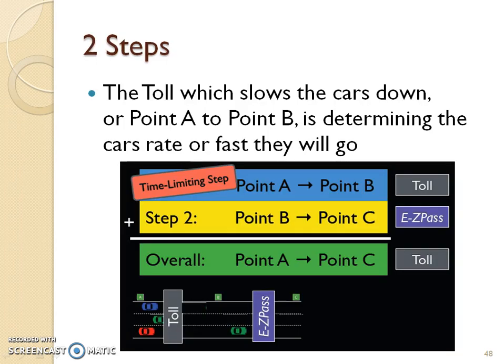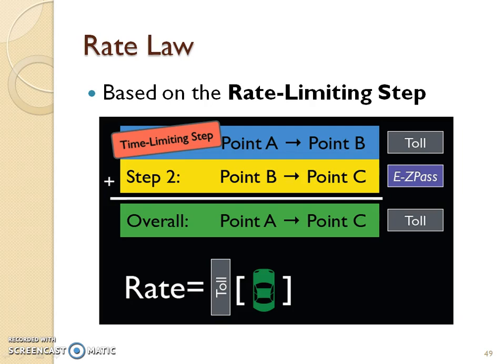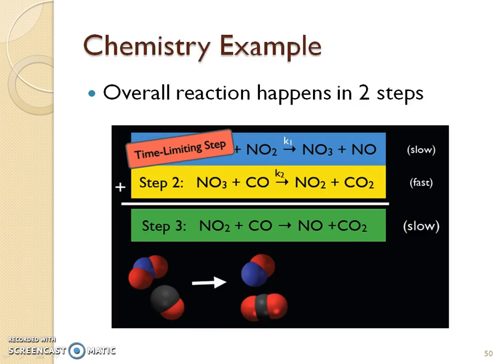So in this case, he gave you a nice little analogy of that toll and the cars going through and what would be the rate determining step. So that rate law can be based on that rate determining step. If we know which step is the slowest step, then we know that's the rate determining step, and we can base our rate law on that.